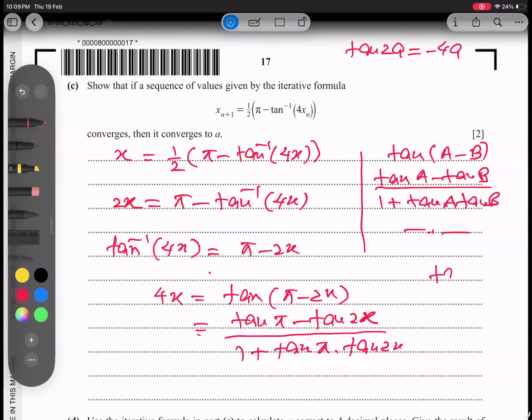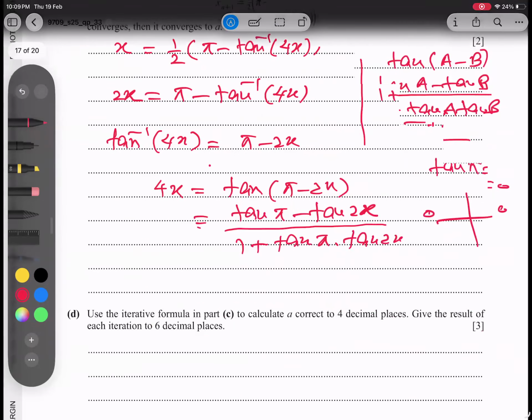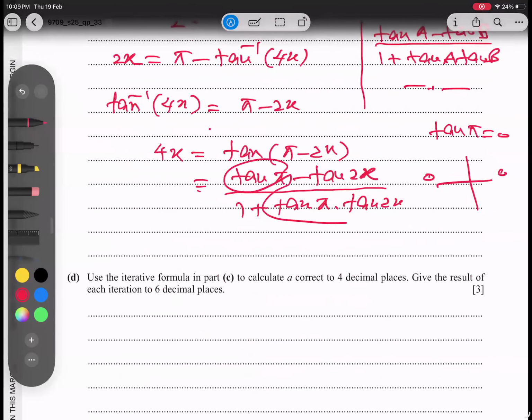For your knowledge, tan is 0 along the x-axis. So it means this is 0, and if this is 0, the product is completely 0. So I get negative tan double x over 1 plus 0.